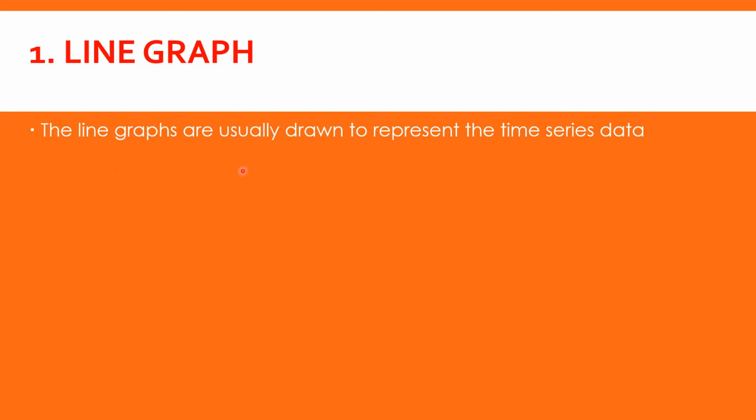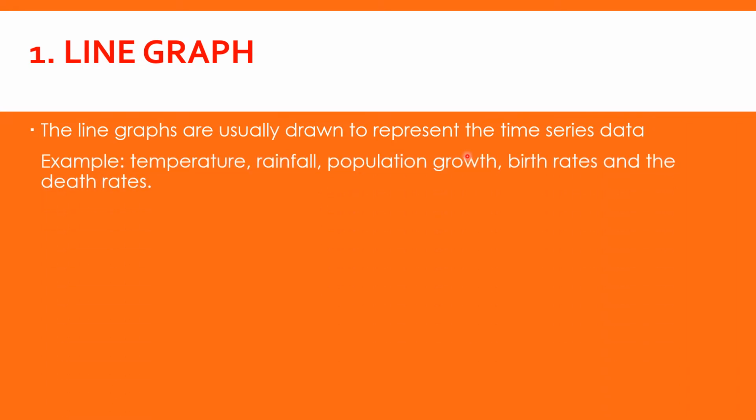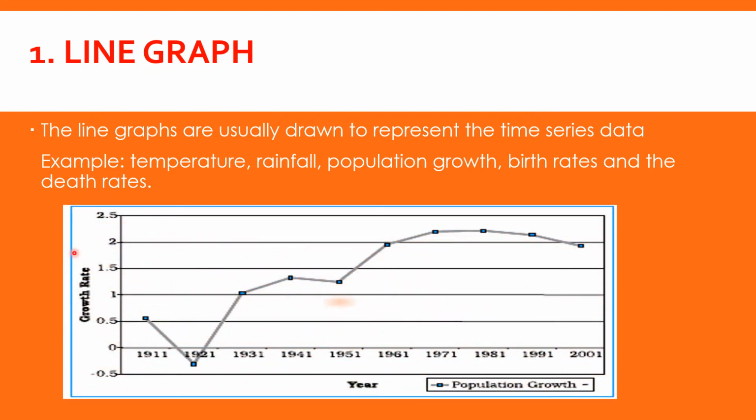Line graphs are usually drawn to represent the time series of data, for example temperature, rainfall, pollution growth, birth rates, and death rates. So it's common. This is an example of a line graph. Here we have the growth rate and the population growth in year.